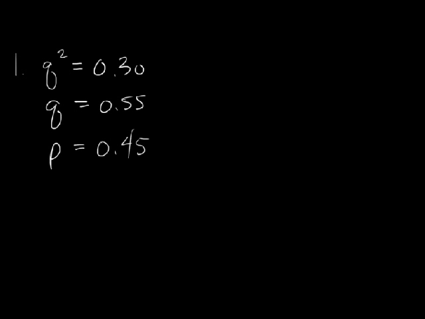Okay. Now the question is asking us to figure out what is the homozygous dominant, homozygous recessive, heterozygous. Well, we've already figured out what the homozygous recessive is. We can easily figure out what the homozygous dominant is, which is going to be p squared. So p squared will give us 0.20. Last thing is the heterozygotes.